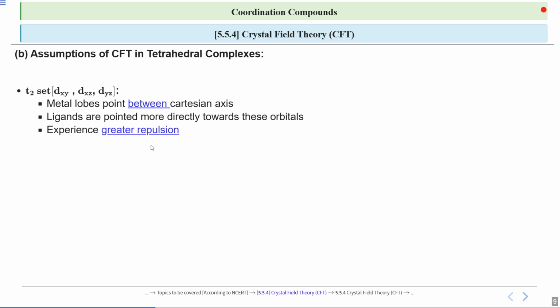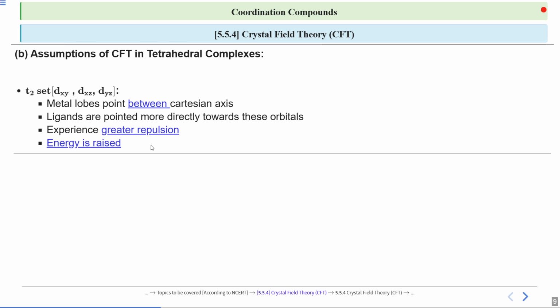Due to this, the T2 set orbitals will experience greater repulsion between the d orbital electrons and the ligand electrons, because they are pointing towards each other in a similar direction. Comparatively from the E set the repulsion is more, and due to this more electron-electron repulsion, energy is raised.